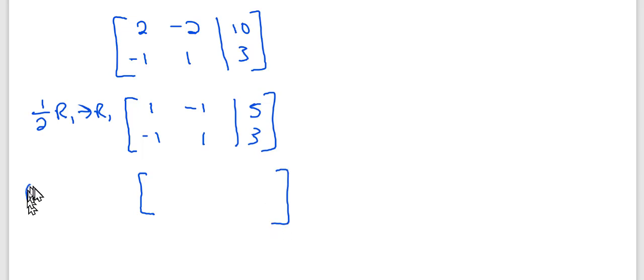Now, let's add row 1 and row 2 and put it in row 2 to give me the 0 that I want. 0, 0, wait a minute. I'm not used to everything on the left side of that vertical bar being 0, right?